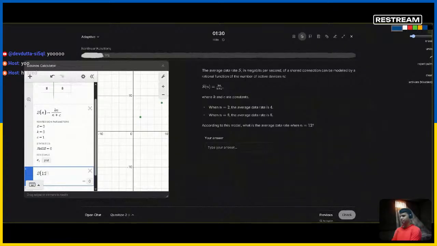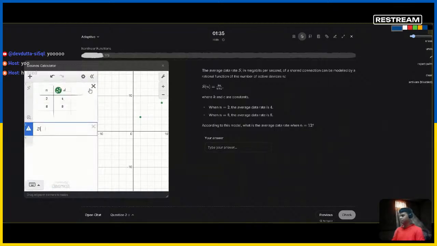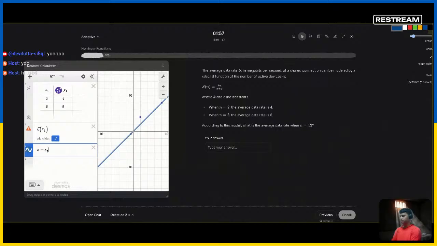That's bad. They're constants. Ooh, this is really bad. Okay. Yes, it's n and it's x. Okay, so n equals x. No, that would kind of mess things up too.